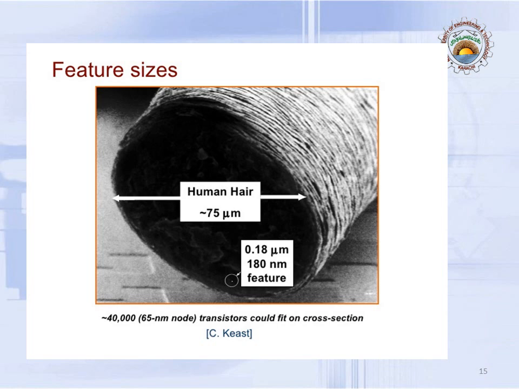And in 65 nanometer technology, it is possible to accommodate about 40,000 transistors on the cross section area. So just imagine what would be. And 65 nanometers is again about 15 years old technology. Just think about 5 nanometers. What could be done on a circuit which is as small as the thickness of a human hair? So this is truly awe-inspiring.